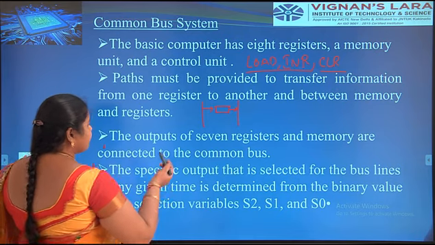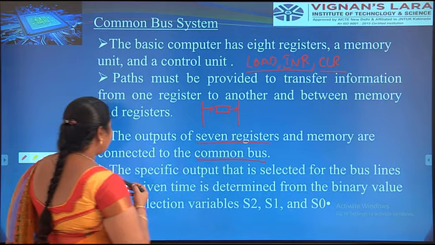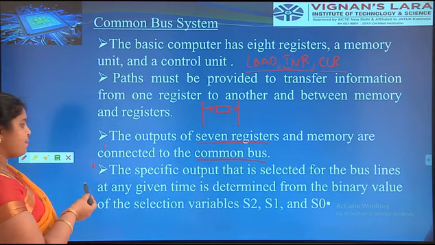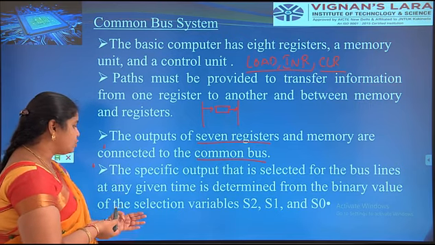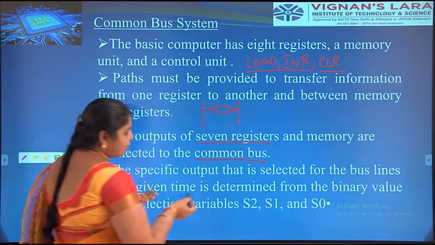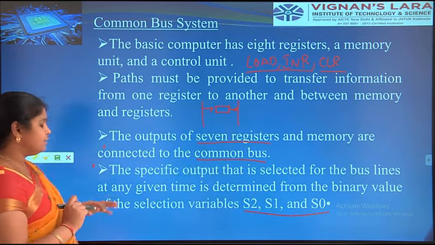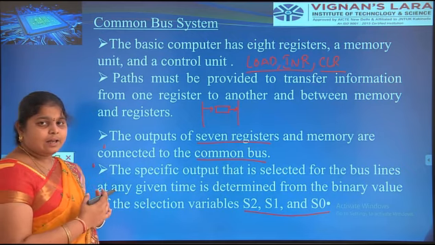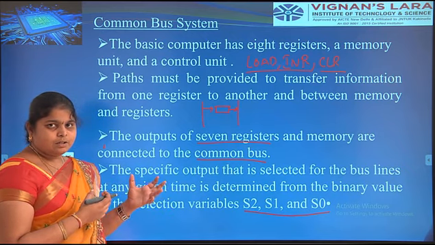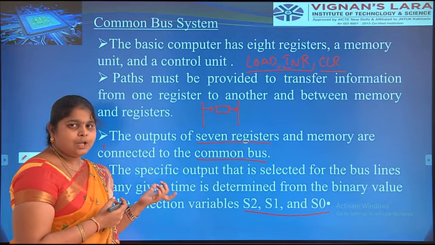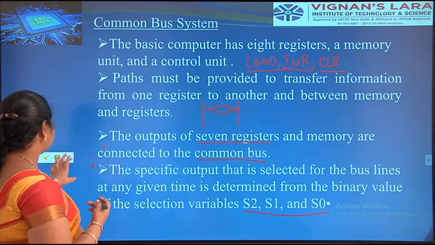The specific output selected from the bus lines at any given time is determined from the binary values of the selection variables. Already we know these are the selection lines S2, S1 and S0. Which register is enabled, we have to know from the inputs S2, S1 and S0.